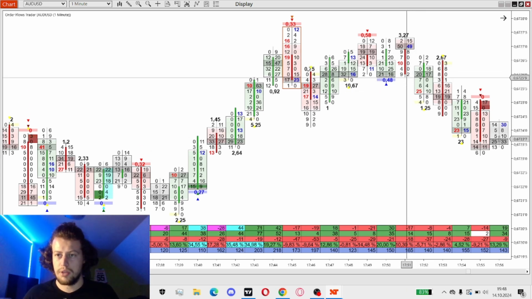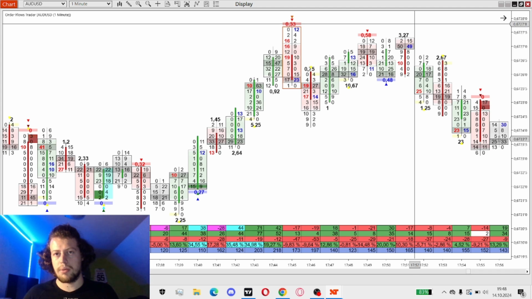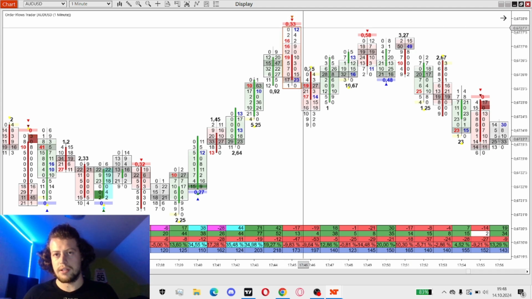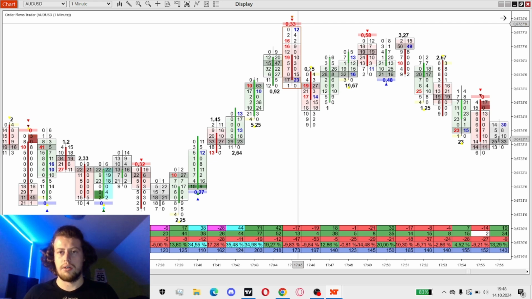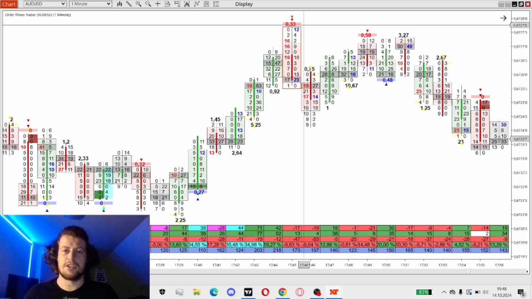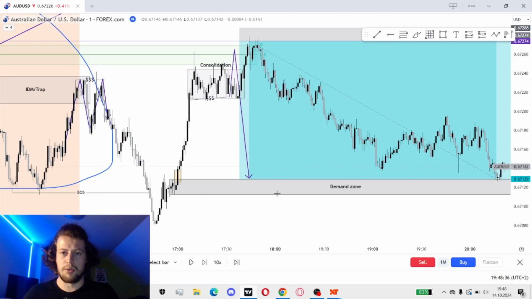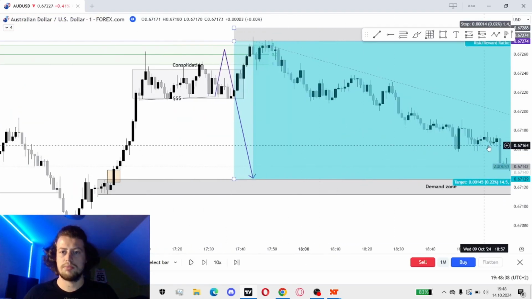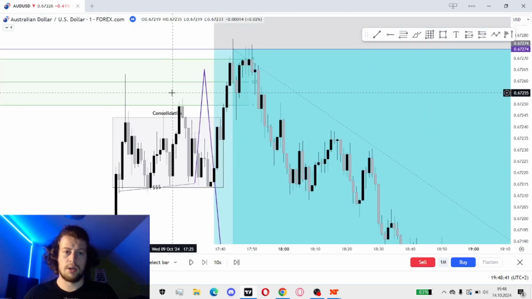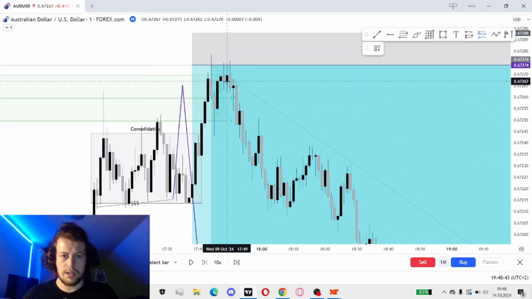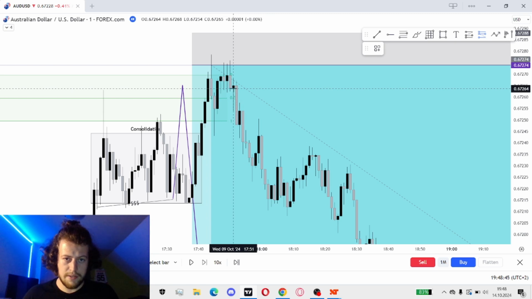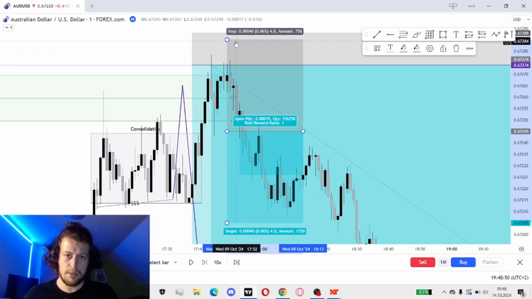So if you would like, you could enter at the close of this candle and put the stop loss above this wick, because the price already stopped out most of the traders. So what I would do, when this candle closes, you can have a sell stop, or you can enter manually.